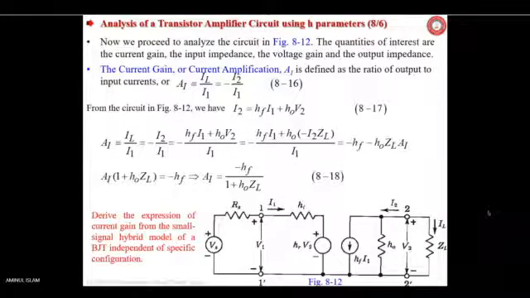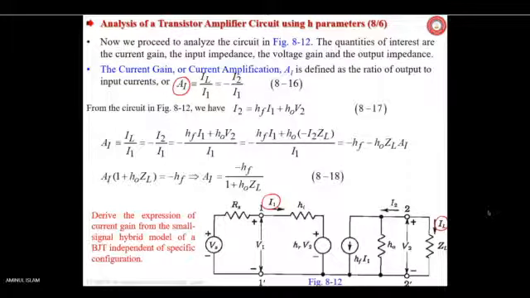So here we try to analyze current gain first. Current gain is defined as load current IL divided by input current I1. And IL is nothing but minus I2. See the direction of the current with the arrow.